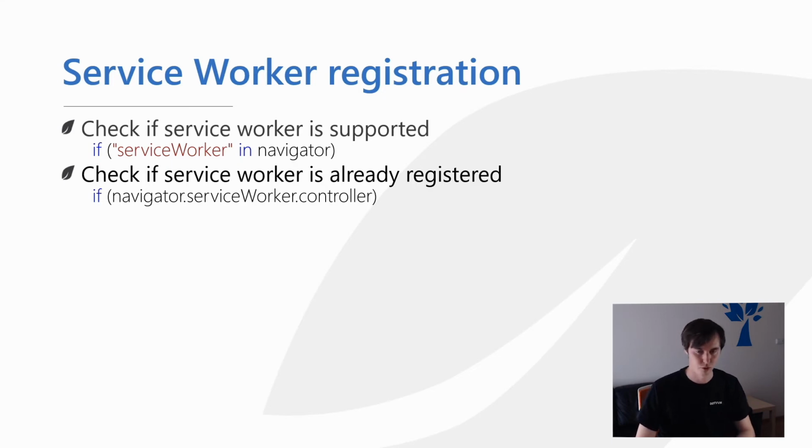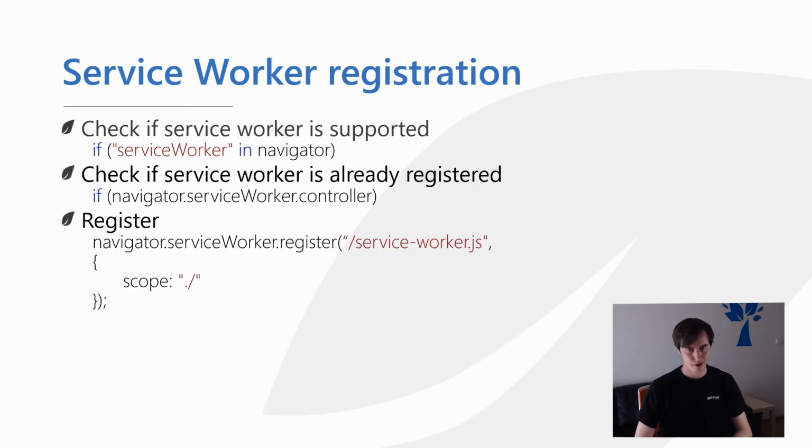So you can check it this way. And then you run the register script. So this way you say where the service worker is, where the file is located, and you set the scope which is supposed to be handled by this service worker. So these are the statements that you need to register a service worker basically.